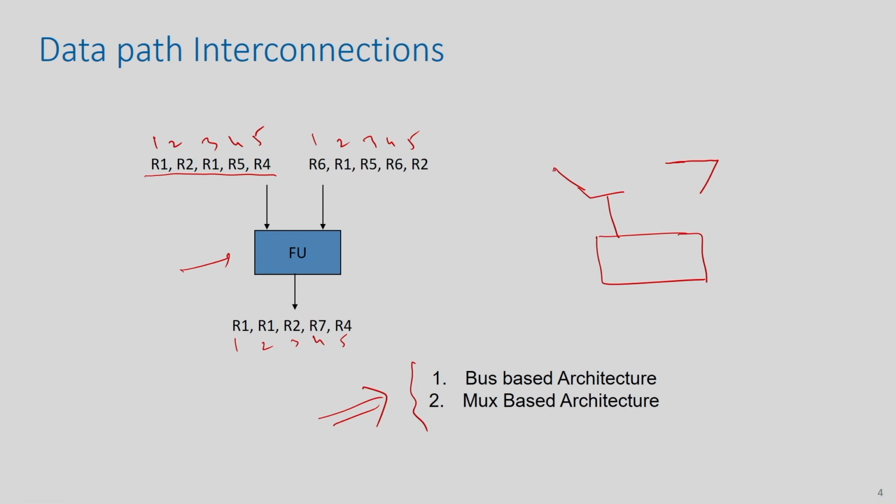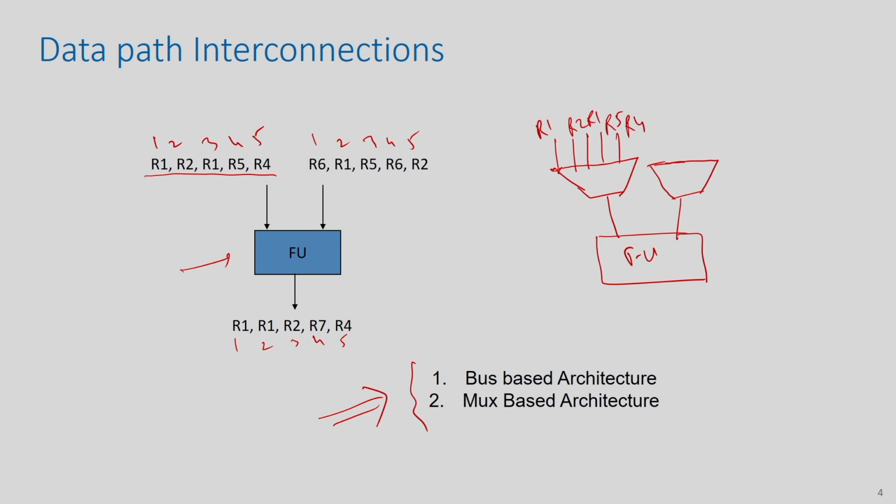So, you put a multiplexer at each input of each FU, right, and then you have R1, R2, R1, R5, R4.